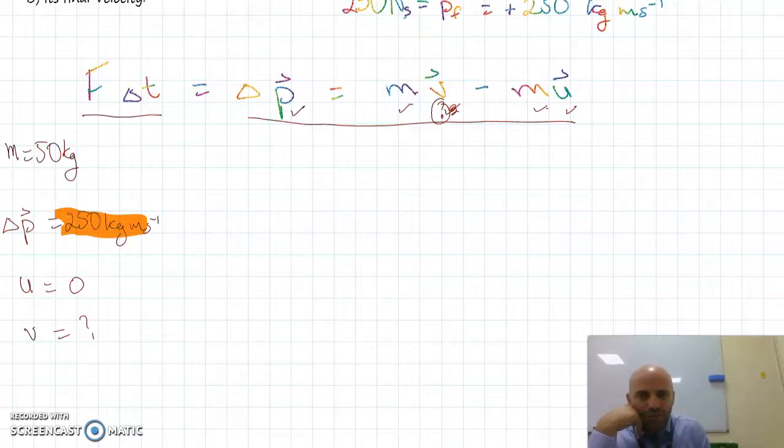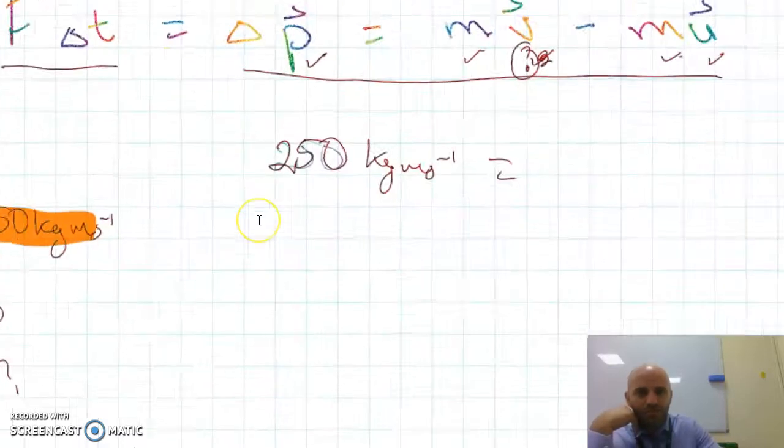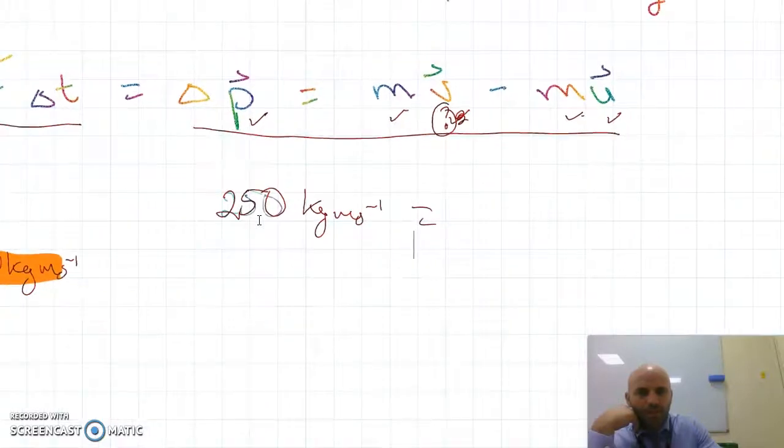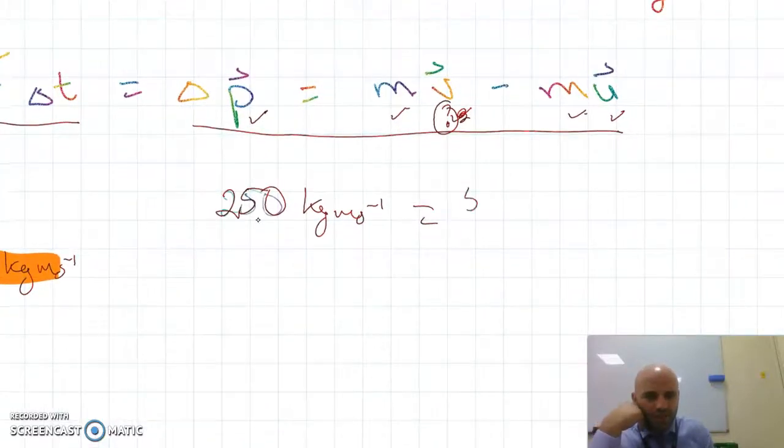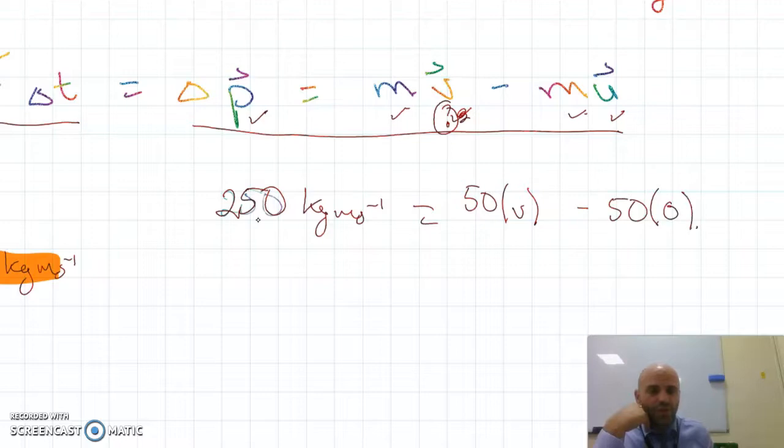So my change in momentum is 250 kilogram meters per second. And that's equal to the mass times the final velocity. So it was 50 kgs times v final, velocity final, minus 50 times the initial velocity, which was 0.